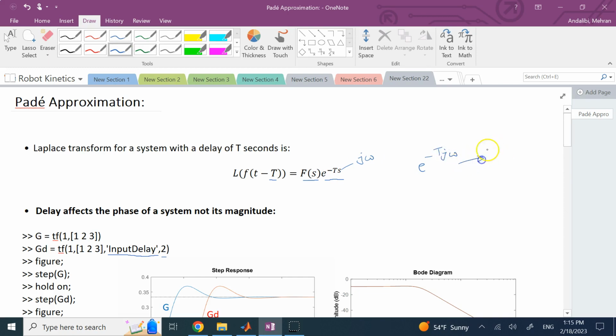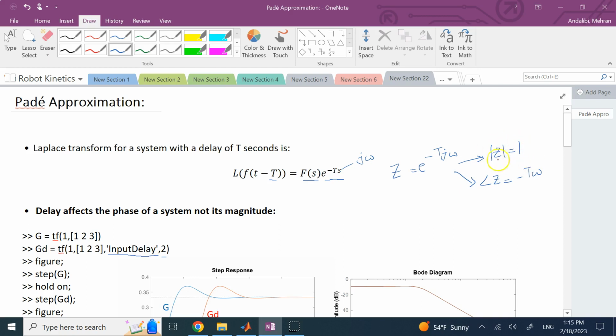And you know the magnitude of this guy, if you call it, let's say, z, the magnitude of z is 1, but the phase of z is negative t times omega.